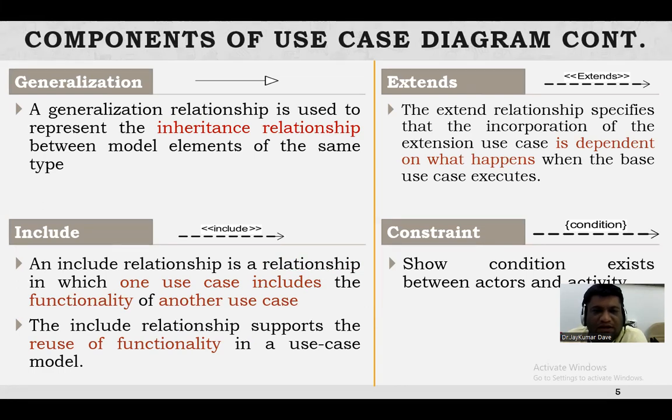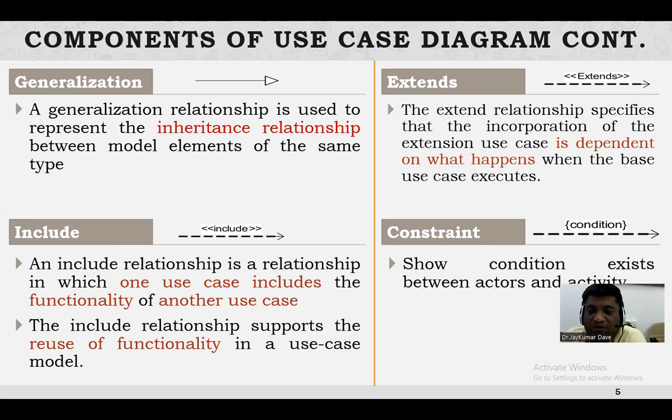So friends, generalization is a relationship used to represent the inheritance relationship between model elements of the same type, whereas include is a relationship in which one use case includes the functionality of the other use case, and extend is the relationship which specifies that the incorporation of the extension use case is dependent on what happens when the base use case executes.